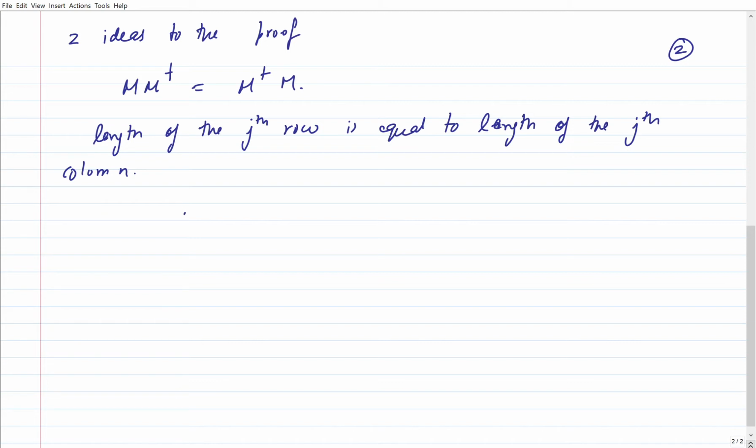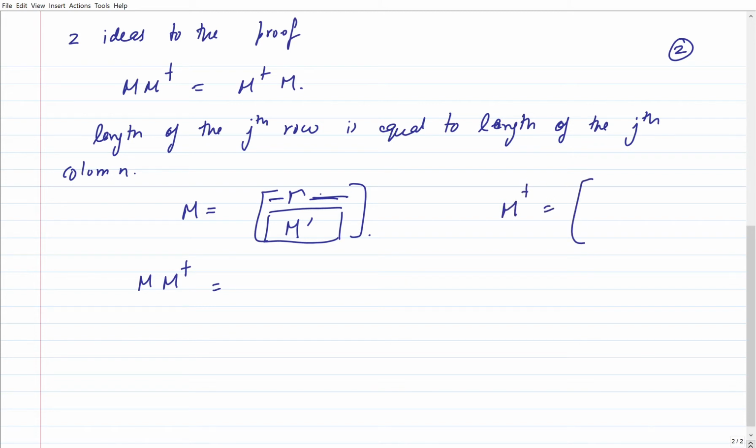We'll just check it for the first row. So let's write the matrix as this: this is the first row r, and this is the remainder of the matrix. So this is M. Now M dagger would be, again, this r would come up as r conjugate over here, and then some M star.